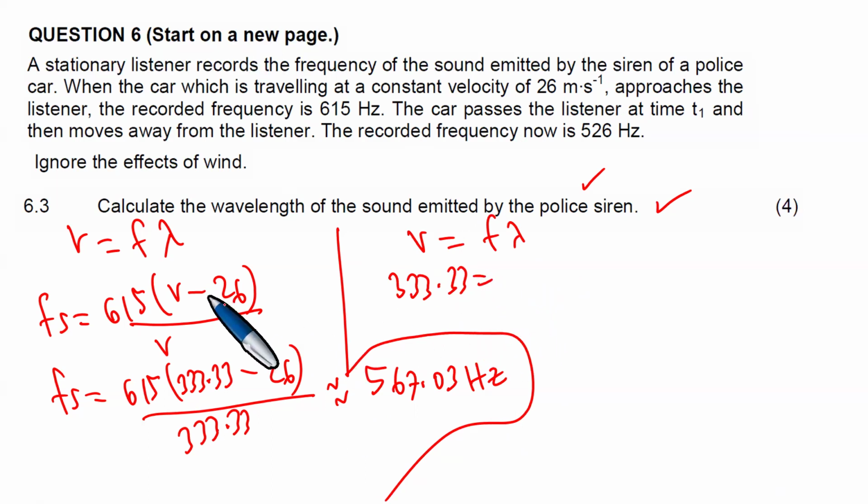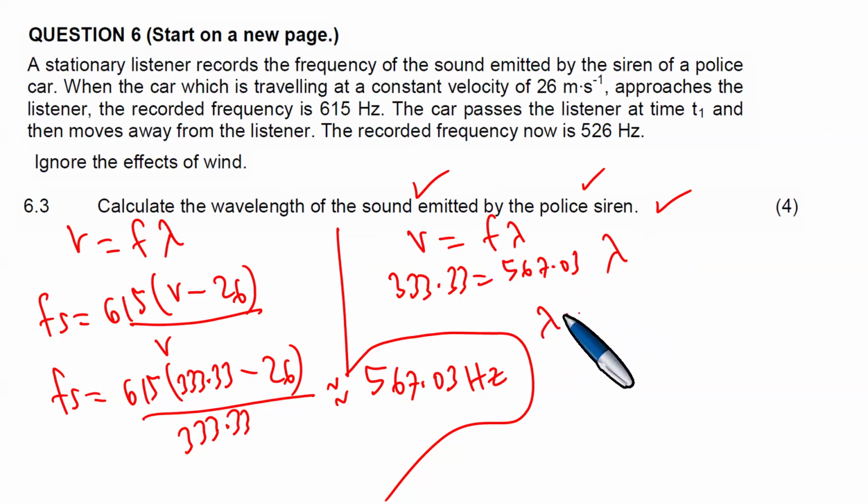So the frequency of the source is 567.03, because we need the wavelength of the sound emitted by the siren, so it's the frequency of the source, and we need the wavelength, which is lambda.